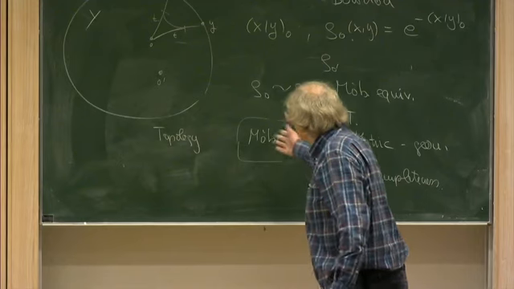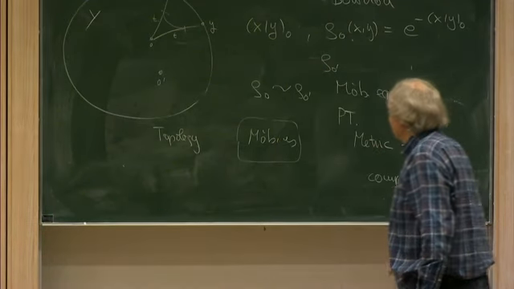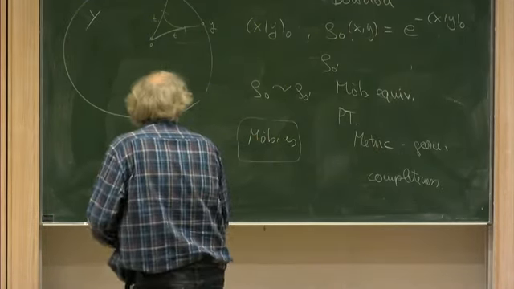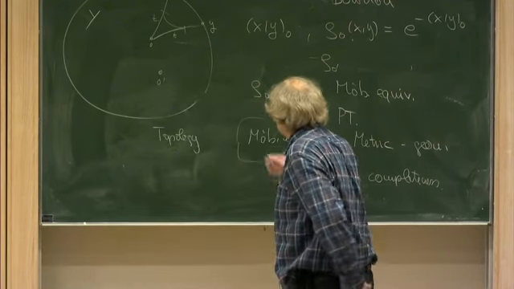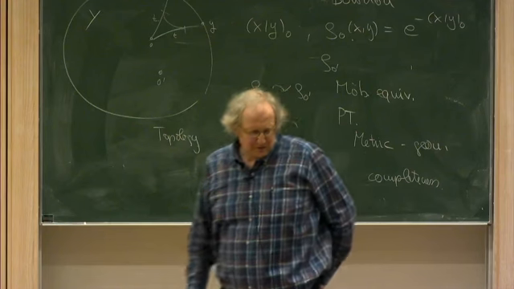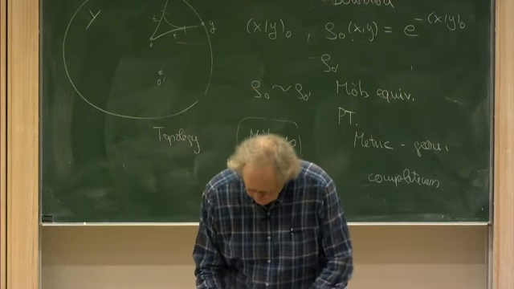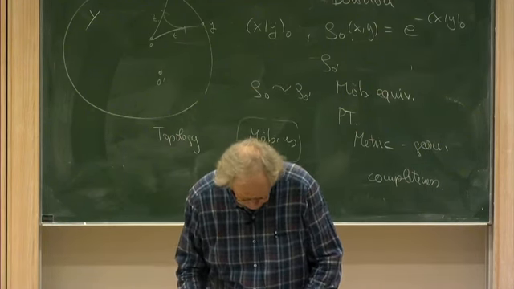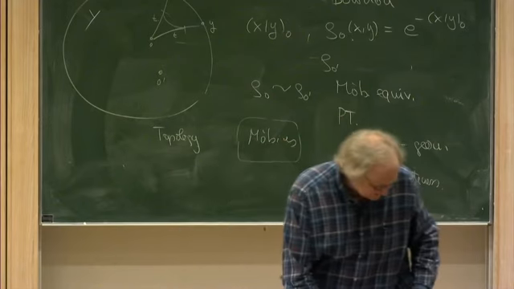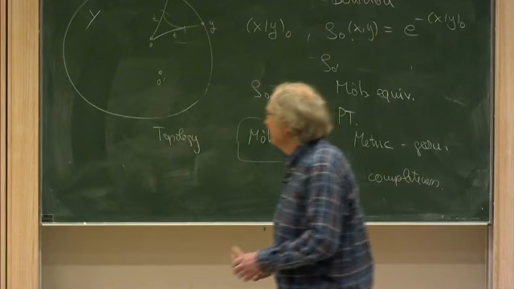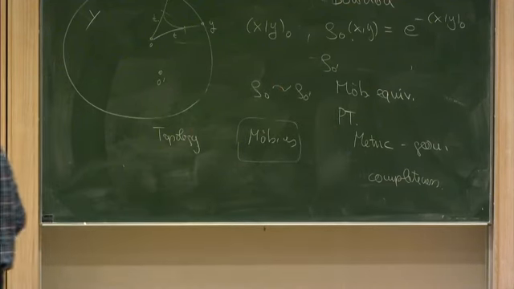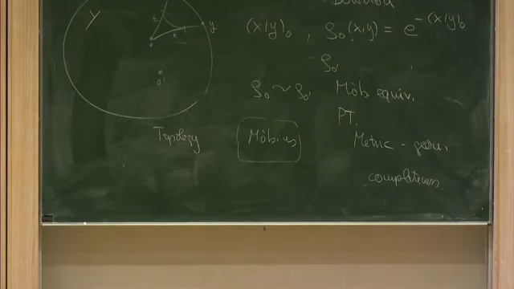You should also have some very nice classification maybe of some Moebius spaces. So maybe before I do that, I will describe a few concepts which are typical concepts of Moebius geometry.